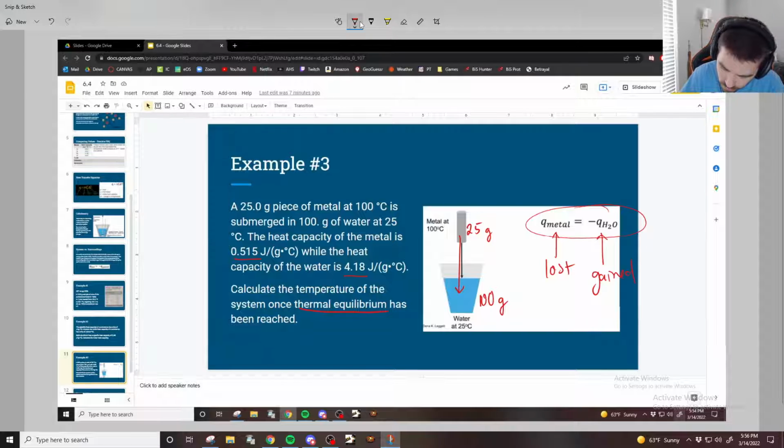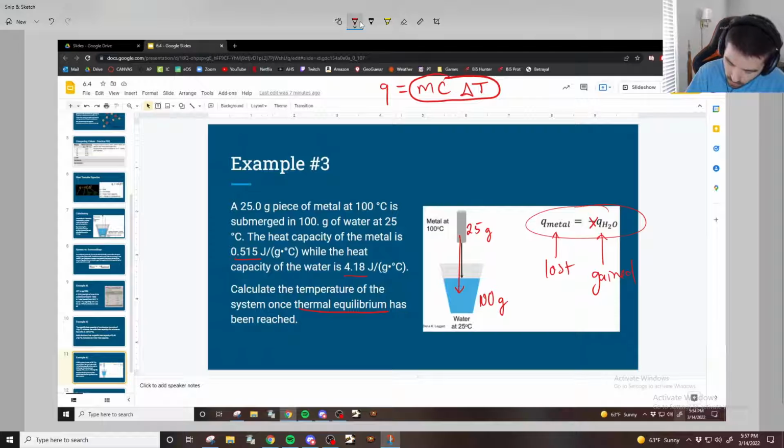Now, don't worry so much about this negative sign. I'm going to mention that in the problem here once I get writing. But that's where we're going to start, with this fundamental understanding that the heat lost by the metal is going to be the same as the heat gained by the water. Now, this is our overall equation: Q is equal to mc delta T. This, for the metal, is going to be equal to the same thing for the water.